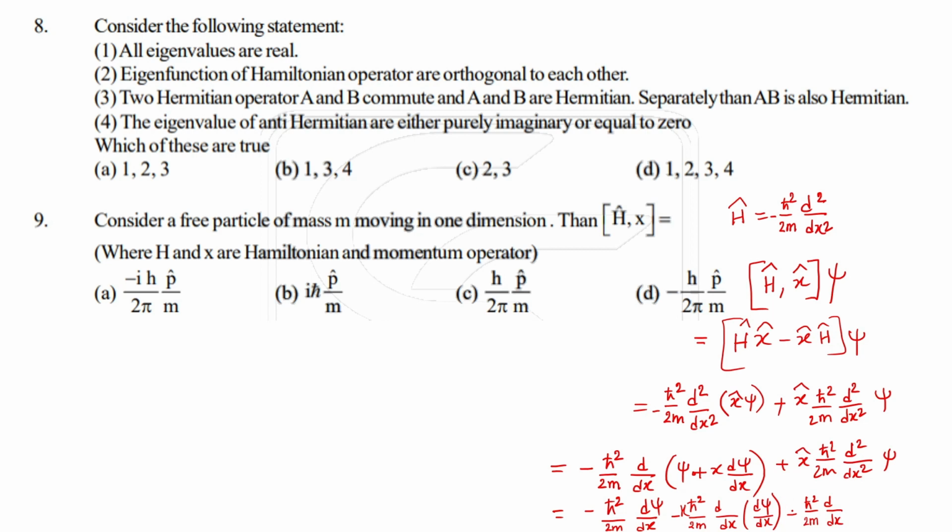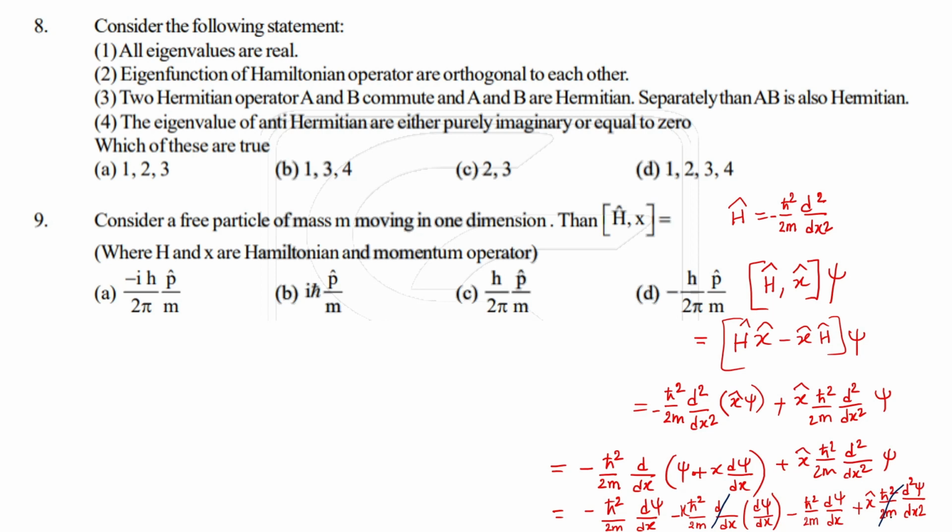Then this is the case, and then again here d psi by dx will remain as it is, because this time I went with d psi by dx as constant, and dx by dx will give me 1, and here x h cut square by 2m d2 psi by dx square. Here these two terms will cancel. I will change my color, maybe. This is 1 and this will go, right?